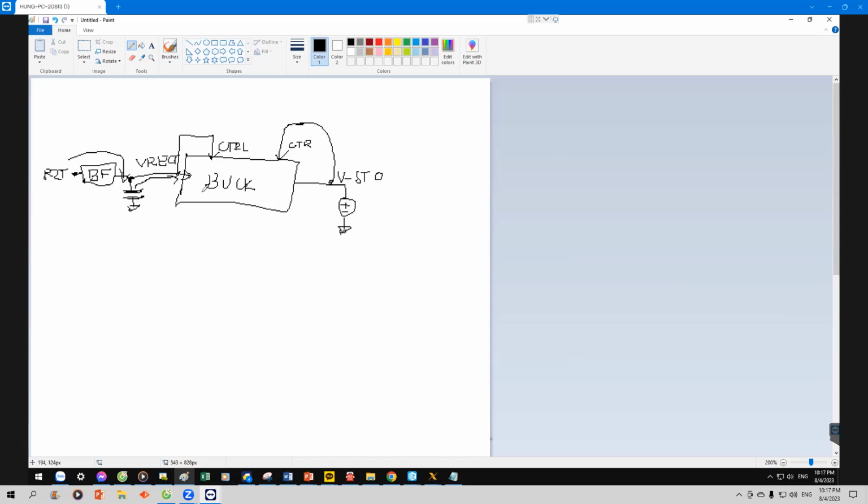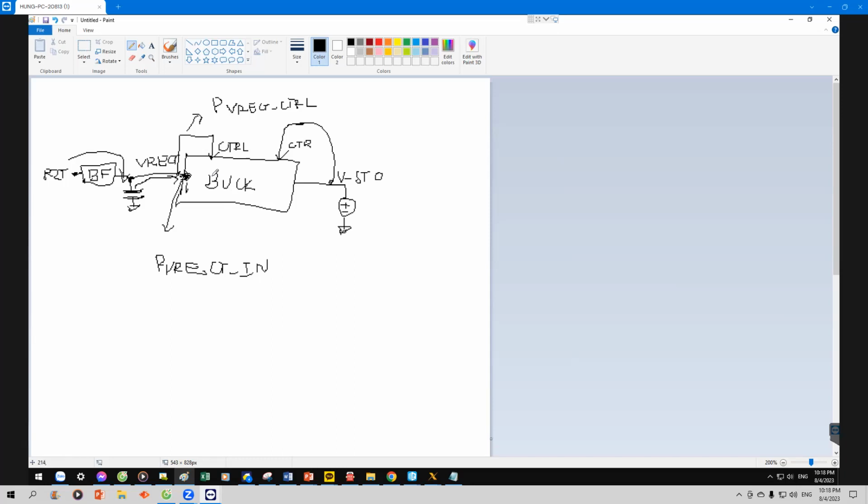Okay. So here is the input of the buck converter. Let's call it P VREC in, and the control for the buck converter we call VREC control, right?